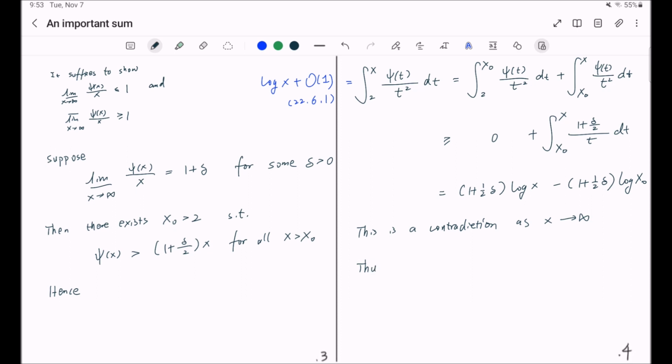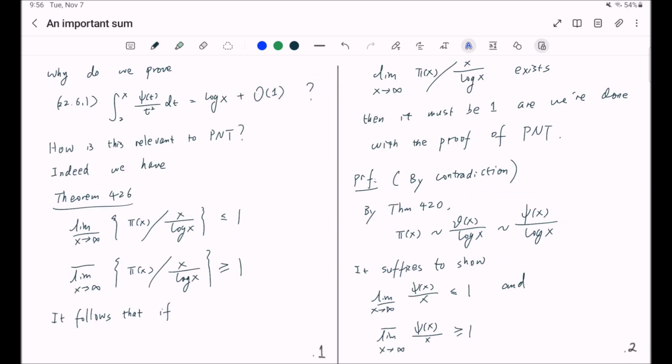Therefore, this contradiction shows the lim inf as x goes to infinity of psi of x divided by x must be bounded by 1. And a similar argument shows the lim sup is bigger or equal to 1. And that finishes the proof of theorem 426.